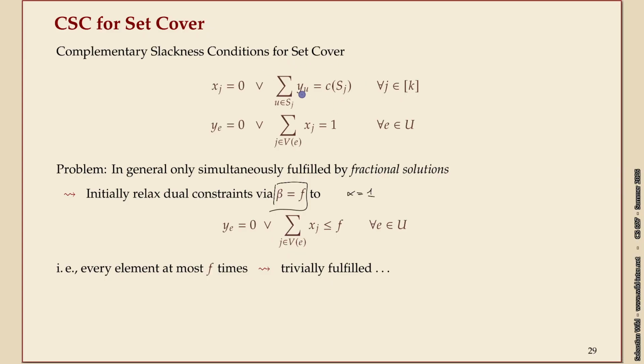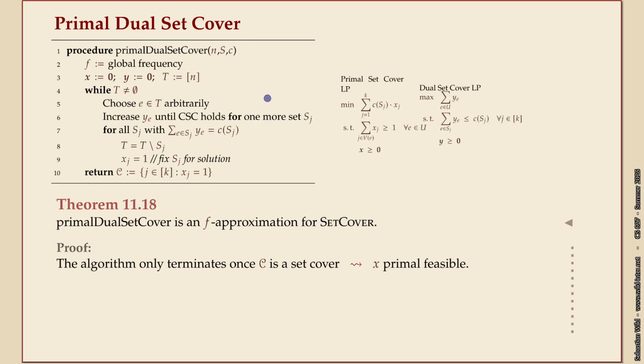So the y_e's, you can make them bigger. But at some point, the constraint was less or equal, at some point it will be exactly equal for some sets. Okay? For the single variable, you increase it until you hit, for some sets, the boundary, the threshold. And then you look at all those sets where this is now satisfied with equality.